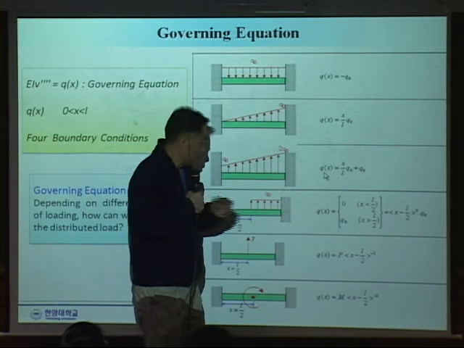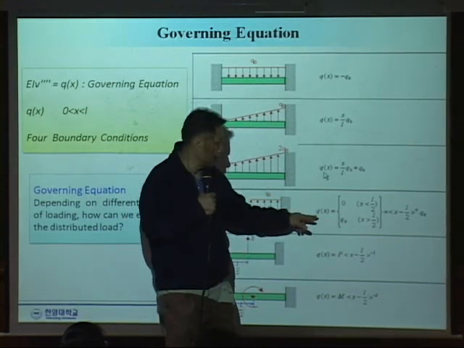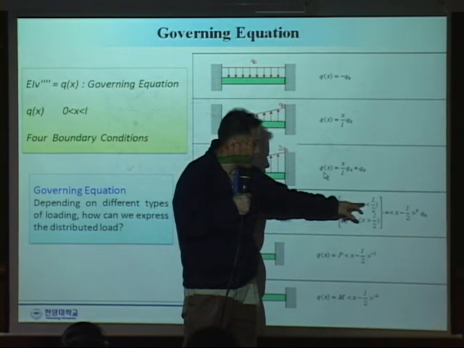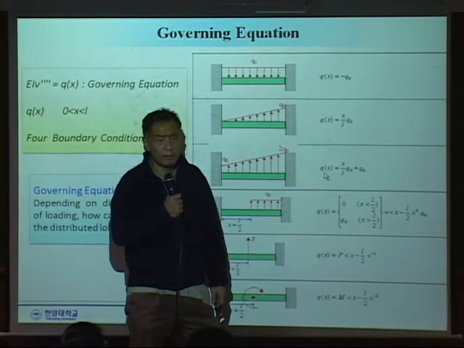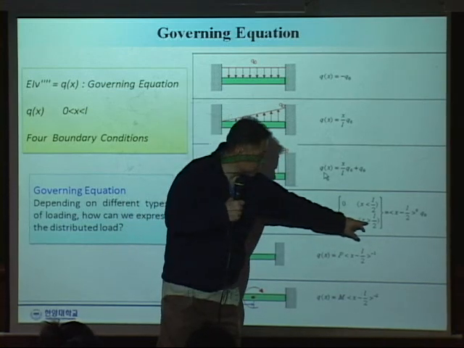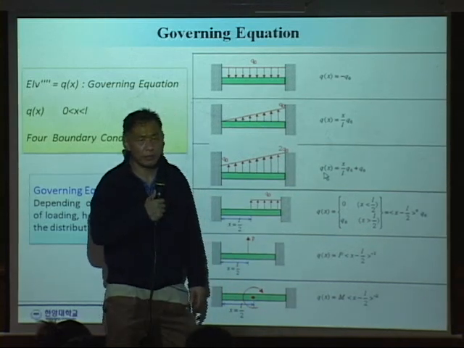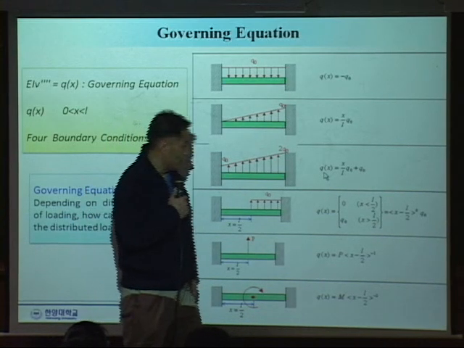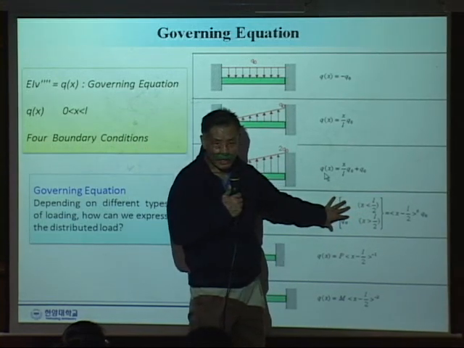Well, this Q can simply be said to be 0 for x less than L over 2. And if x is greater than L over 2, then Q is simply Q0. Okay? Is that right? So you should be able to write down this equation.